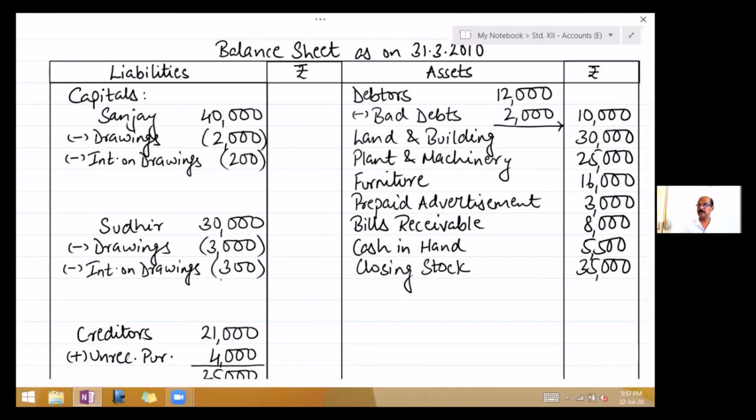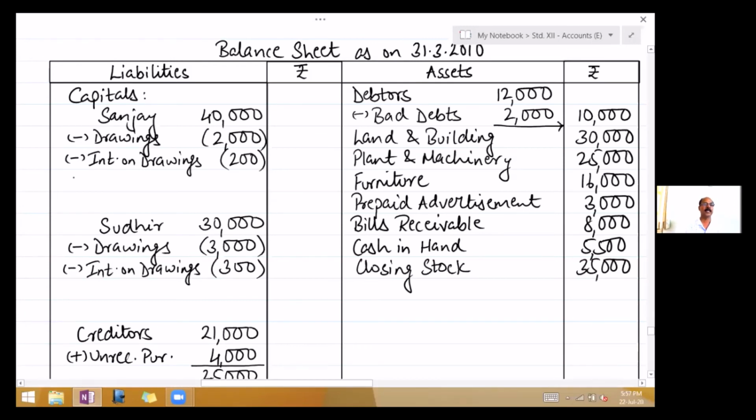Next, after the fourth, we've already finished with the fifth, and the last is provide interest on capital at 5%. So interest on capital is added to capital. Drawings is deducted, interest on drawings is deducted, but interest on capital is added. So on the liability side, you write plus interest on capital.